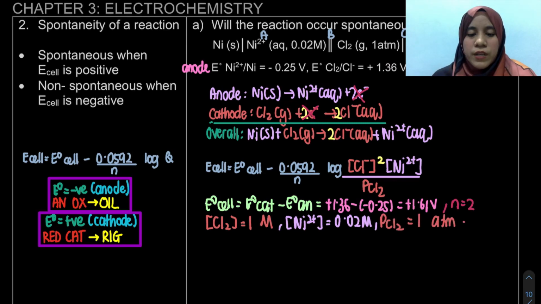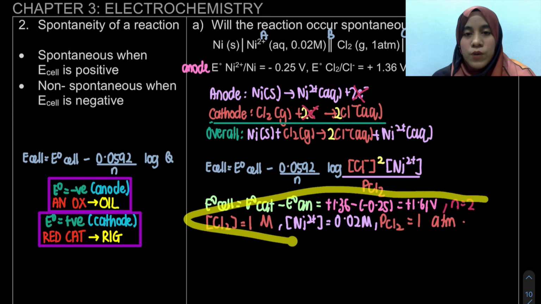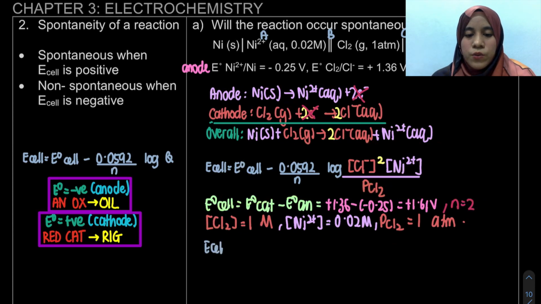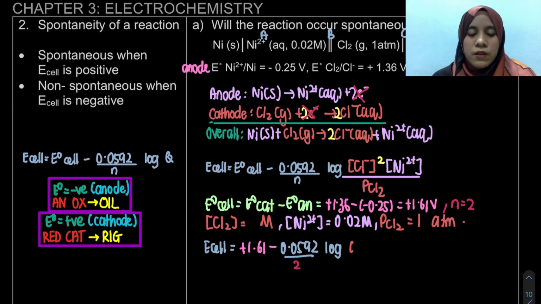Okay, so from here we can substitute all the values into our formula. So again, E cell is equal to positive 1.61 volt minus 0.0592 divided by 2 log of the concentration of Cl minus to the power of 2. Okay, but then the concentration of Cl minus is supposed to be 0.1, so please write down the correct value.